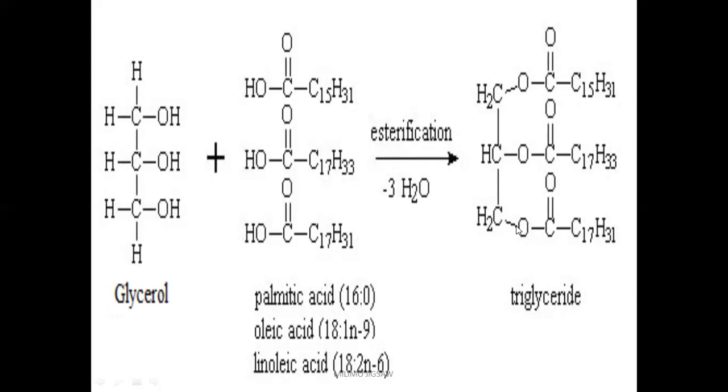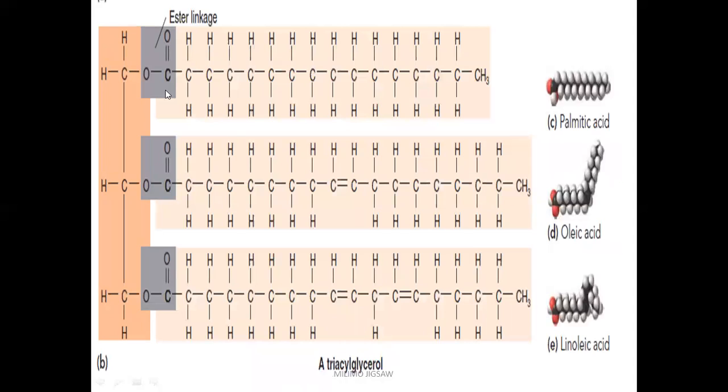This lipid is a very important lipid. So remember, we said during the reaction between glycerol and the fat acid, what will be formed is an ester linkage. And we said that these fat acids that are reacting may be different. So for example, you have palmitic acid, oleic acid and linoleic acid.